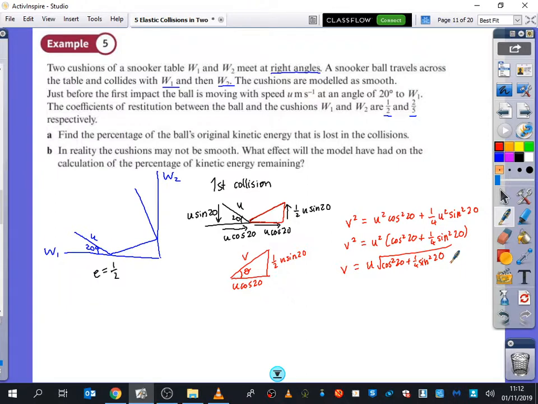which I think we probably just want to work out on a calculator. So let's work out what the square root of that is.